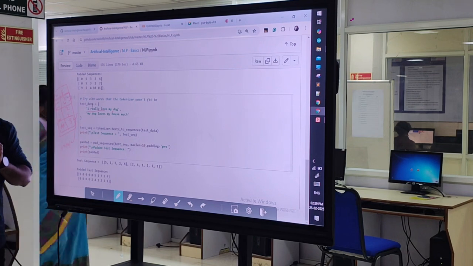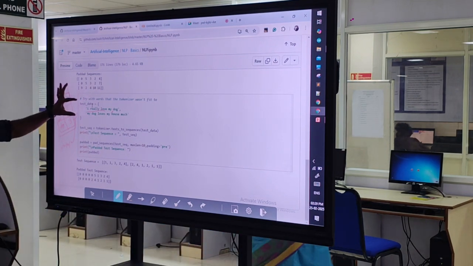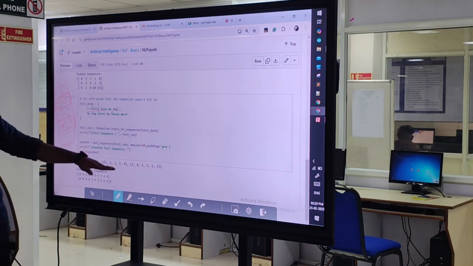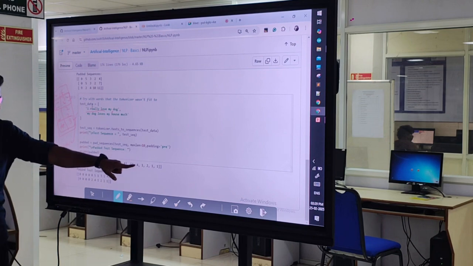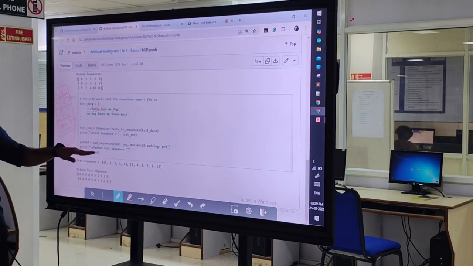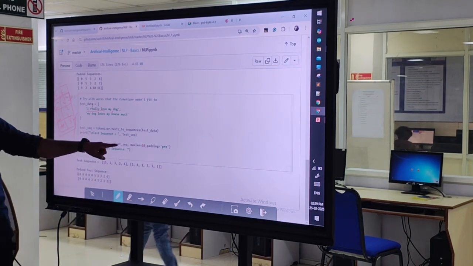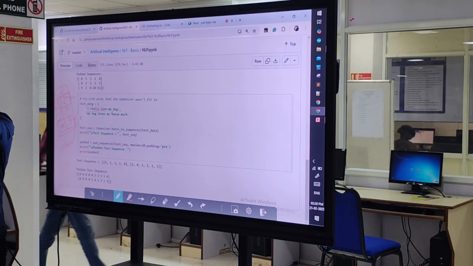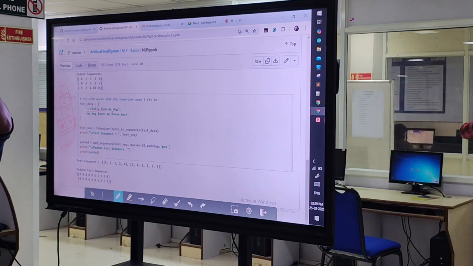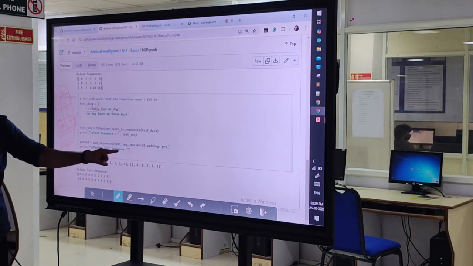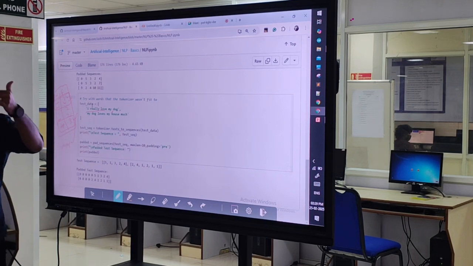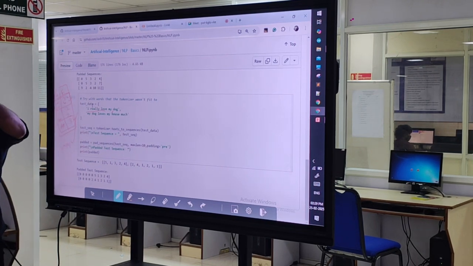This is also the same. I have a data set: I really love my dog, my dog loves my house much, and I'm creating the test sequences. The sequences are these 2 sentences made into sequences based on the word indexes. And the next one is pad sequences. But here you see the maximum length of the padding is 10. That means the length given to the RNN architecture is a maximum of 10. Pre means I want to do the padding before the actual values.